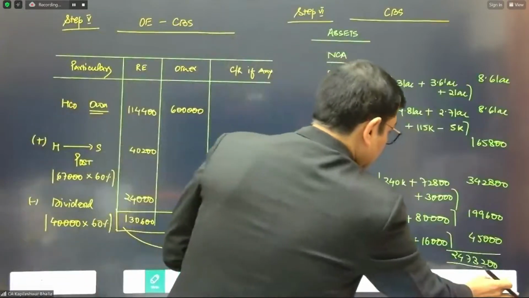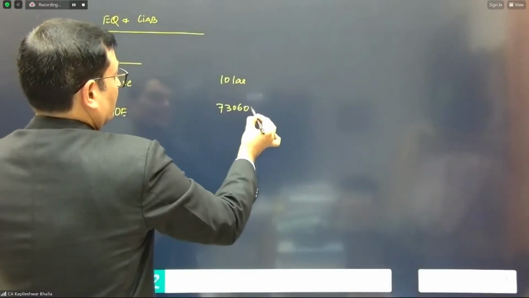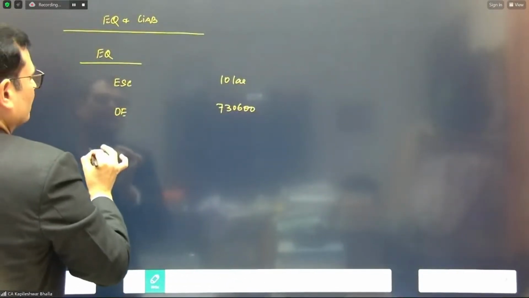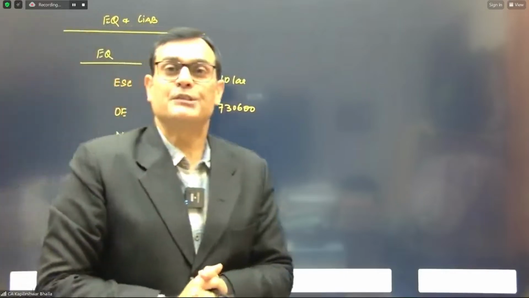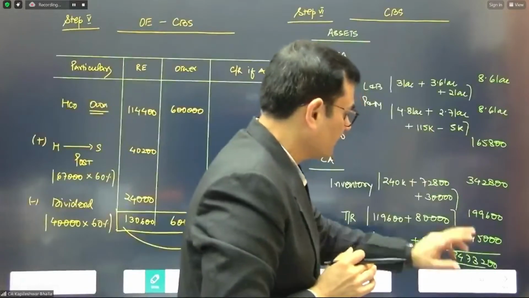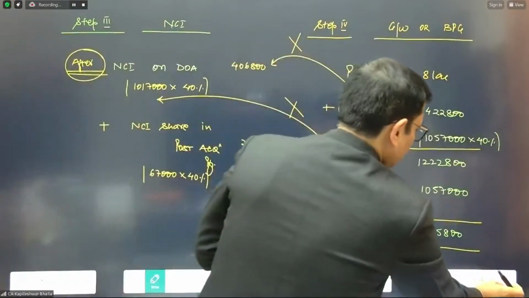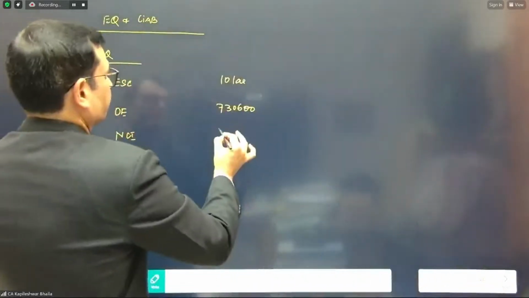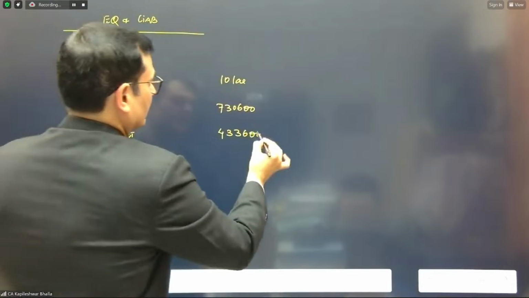So that is 730,600, in step number 5. And lest we forget, we need to consider NCI as well, because NCI would also be a part of the equity in the balance sheet of the company. So as far as NCI is concerned, 433,600 is NCI.